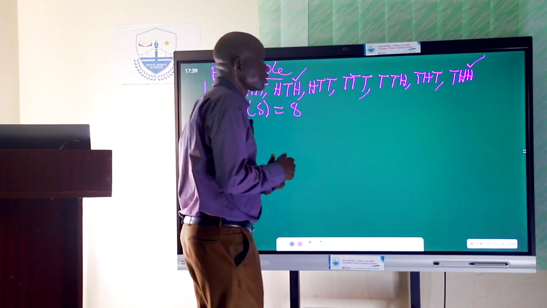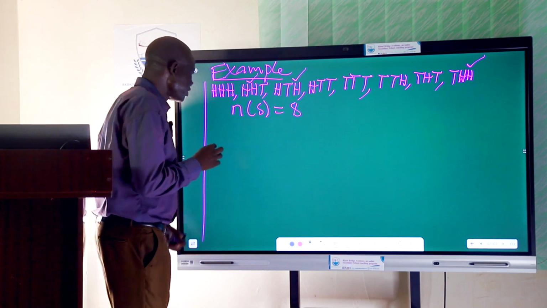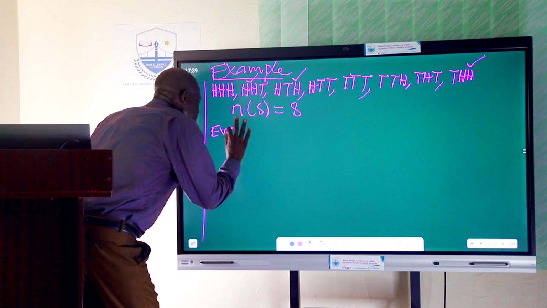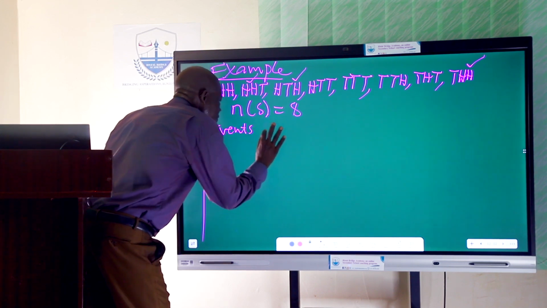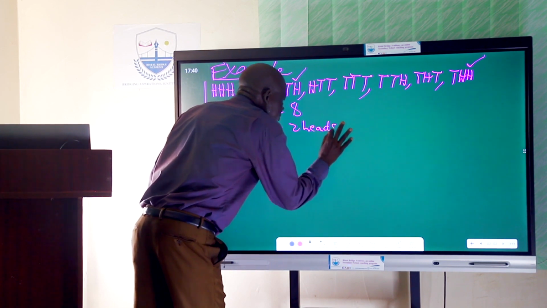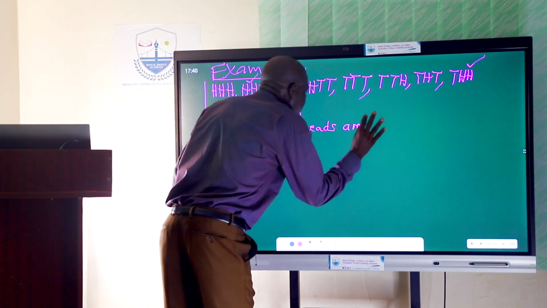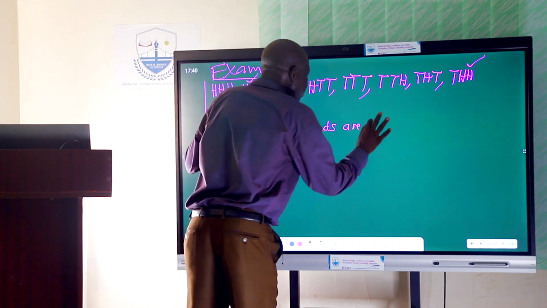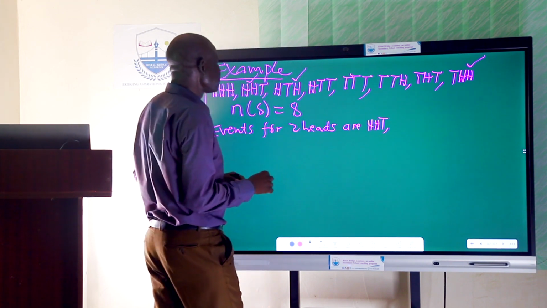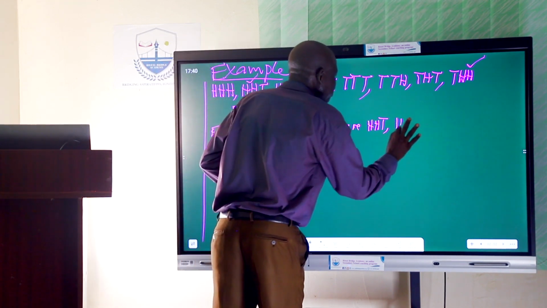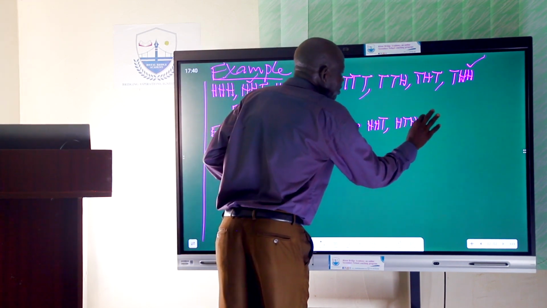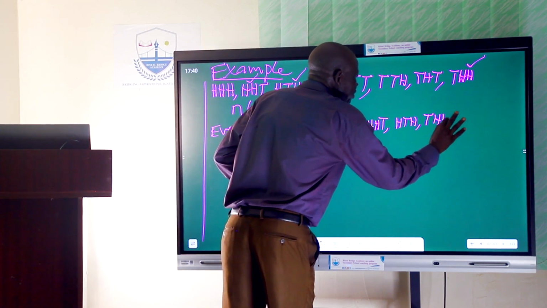So we can say that the events for 2 heads are: head, head, tail; head, tail, head; and then the other one is tail, head, head.